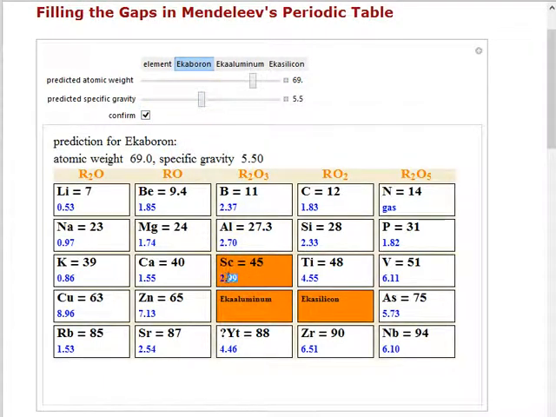This one's from Wolfram Demonstrations, a very cool site. So the elements that were discovered were scandium, gallium, and germanium. Okay, this one is very important, it's very useful in the silicon industry.